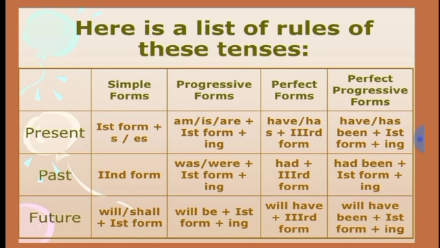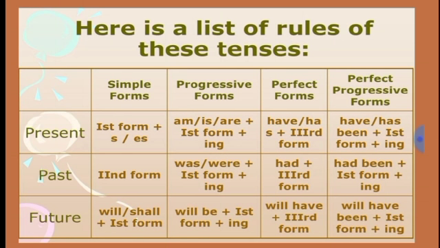Now as the name suggests, it is a combination of the perfect and the progressive form. So if you see in the present perfect progressive form, you can see have and has been plus first form of the verb plus ing. Now have is there in the perfect form, but along with has, been is accompanied.